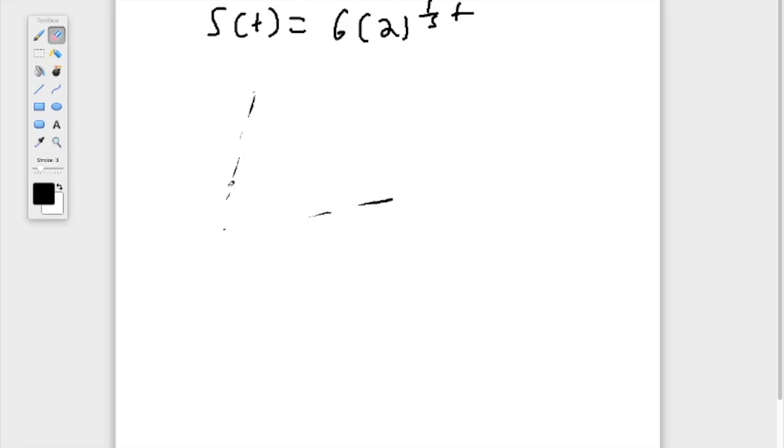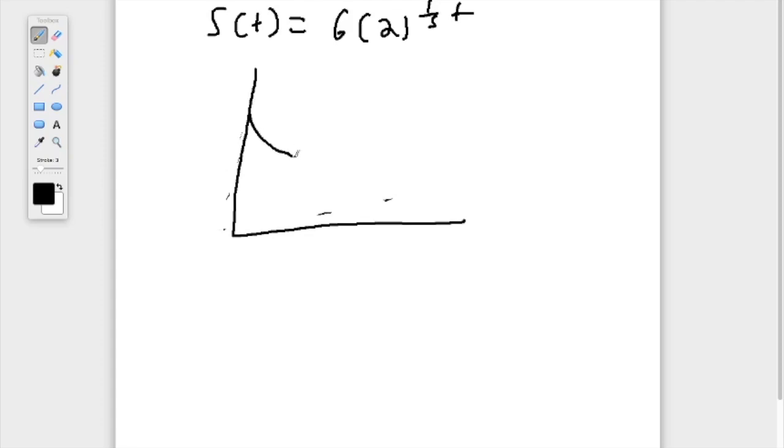But I just want to give you a visualization of what you want to do. Basically, it should look something like this, right?